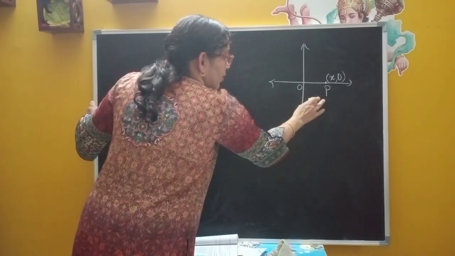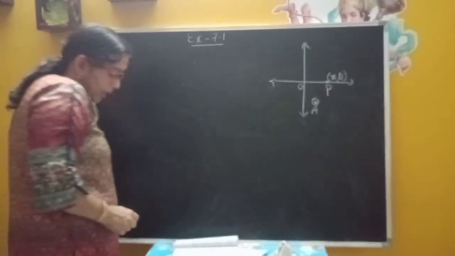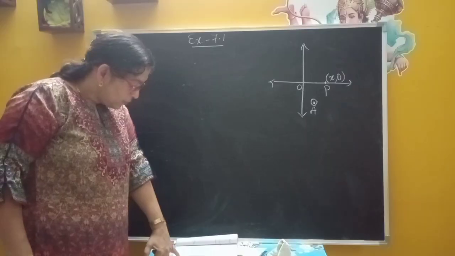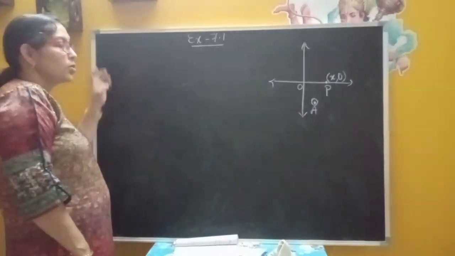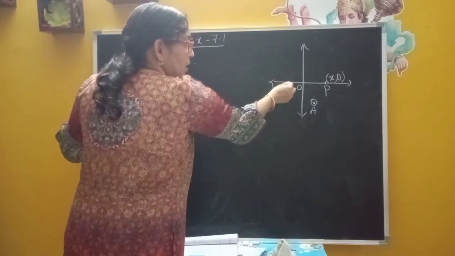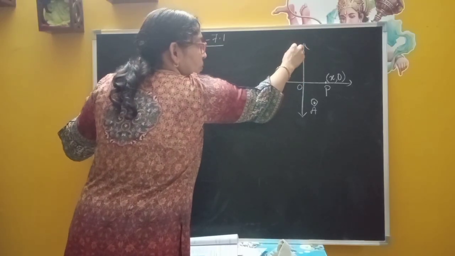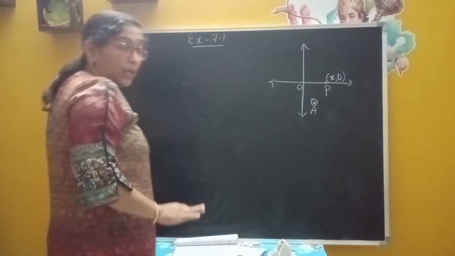Okay, so which point? Let us consider this point as A. And the other point is which one? -2, 9. So -2, 9 will be somewhere. But what is the condition?